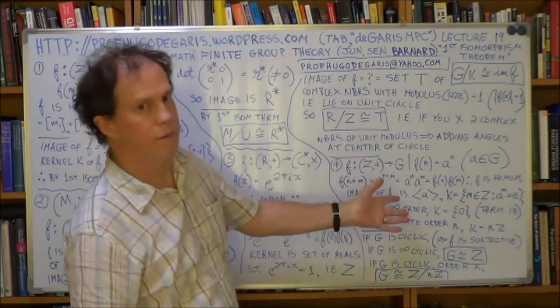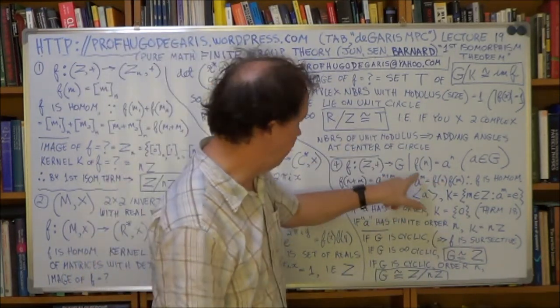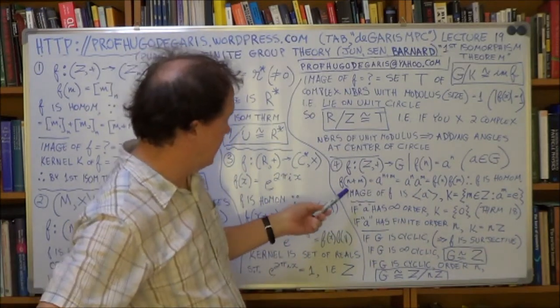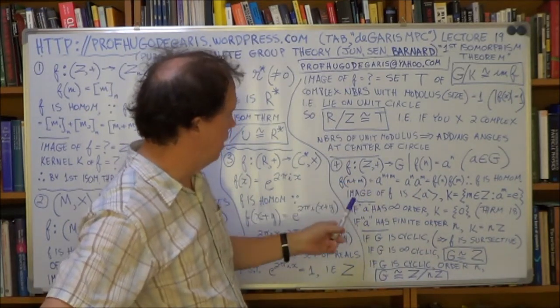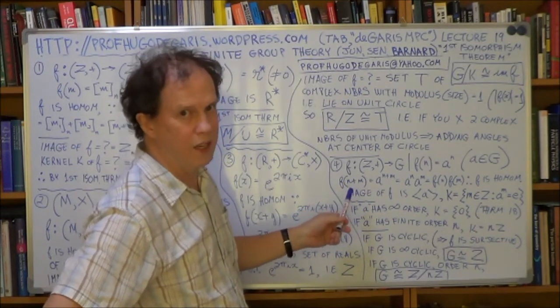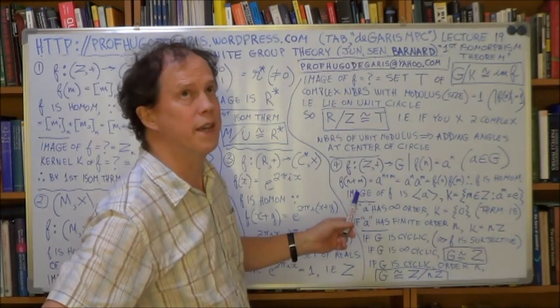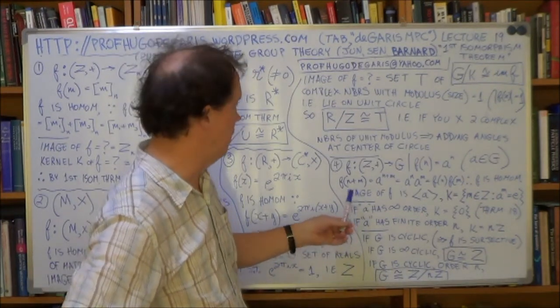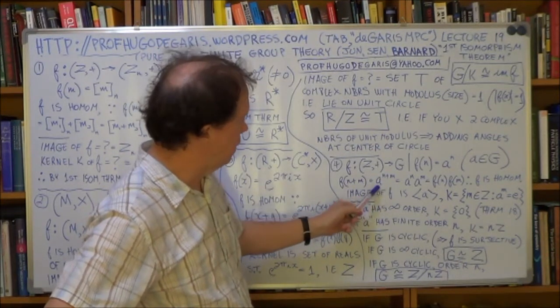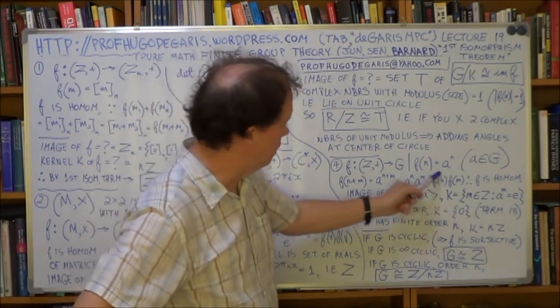So once again, that mapping, that f, is it homomorphic? Well, the binary operation here is plus, so f of n plus m will be, or m plus n, doesn't really matter in this case, a to the n plus m, just using this definition.